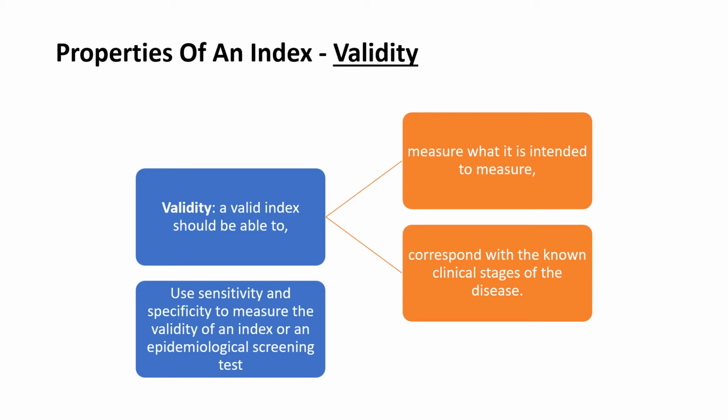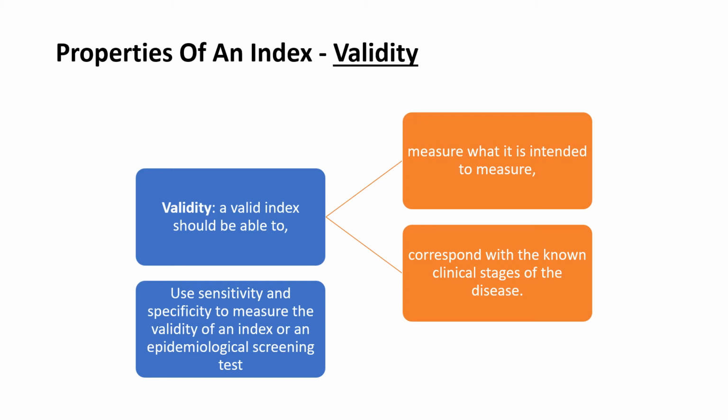And for you to be able to measure the validity of an index and also the validity of an apparatus in epidemiology, you use sensitivity and specificity to measure this validity.